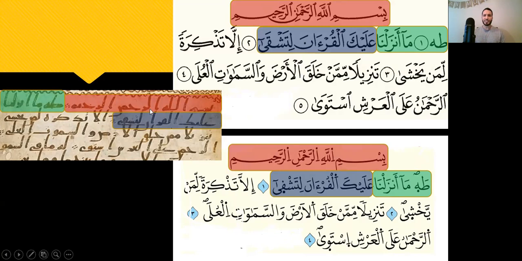The difference is the dots are different. Here, there's no dots and no accents on the left side. On the right side, you can see that the accents are the same, but see, even the way they put the dots is different. So see the word Quran, right?